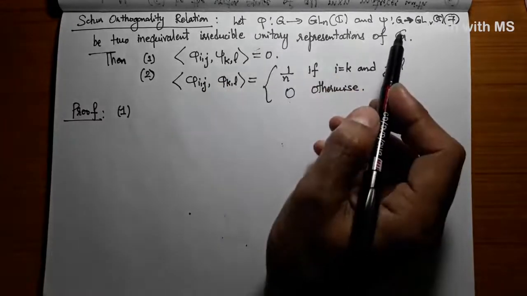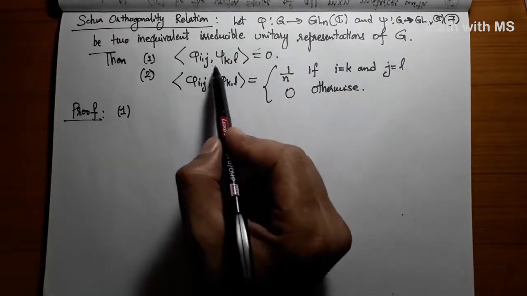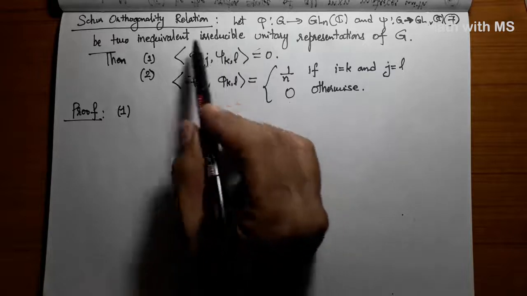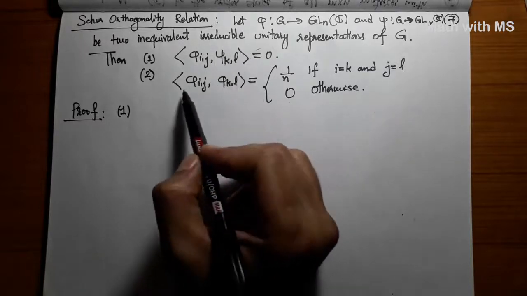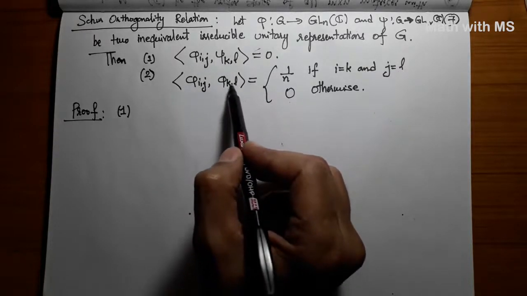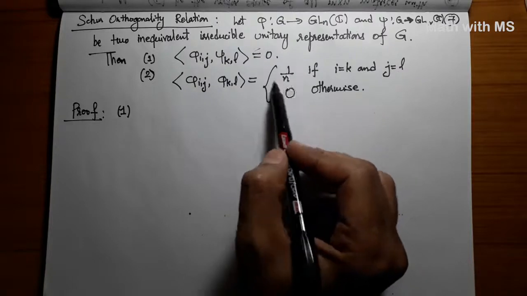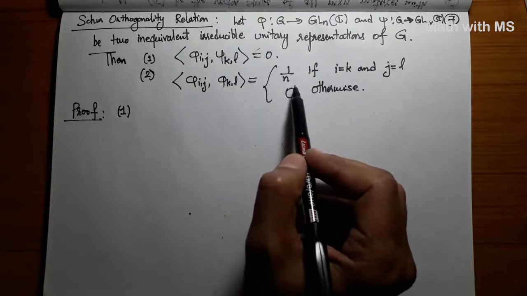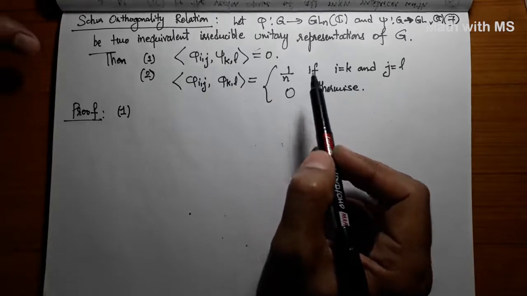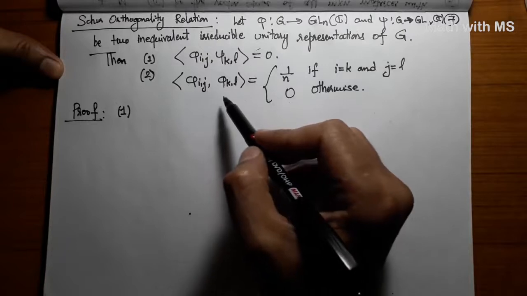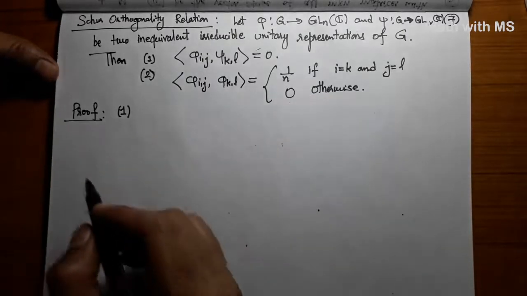Phi_ij and psi_kl are orthogonal to each other with the inner product on the group algebra. And phi_ij and phi_kl are also orthogonal up to this factor 1 over n, where n is the dimension of the representation phi, and a similar thing holds for psi. Let's prove them.